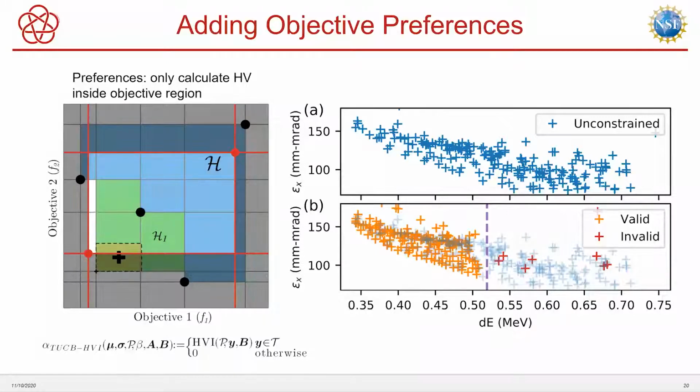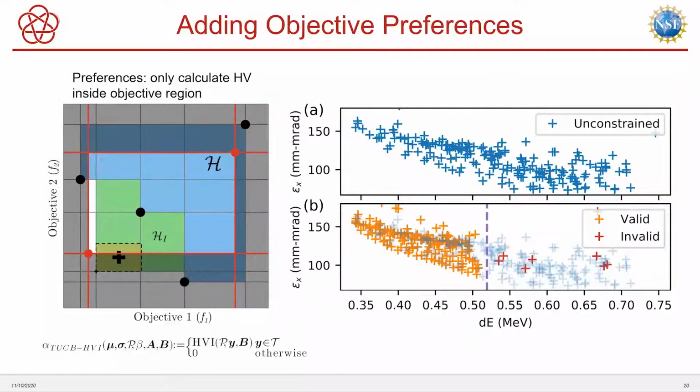On the top, I show the Pareto front after 500 observations in energy spread and transverse emittance objective space. Then I specify that my energy spread has to be less than some nominal value, and my algorithm only samples points that are below that objective, while still trying to find the Pareto front in that region of objective space.